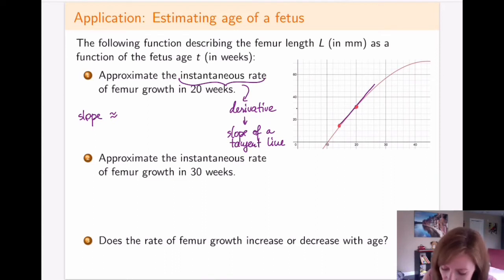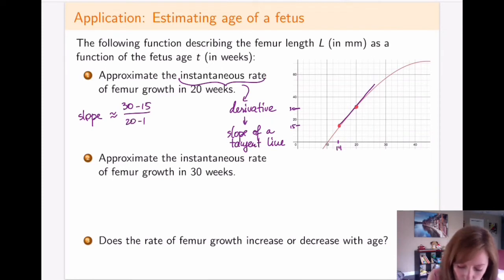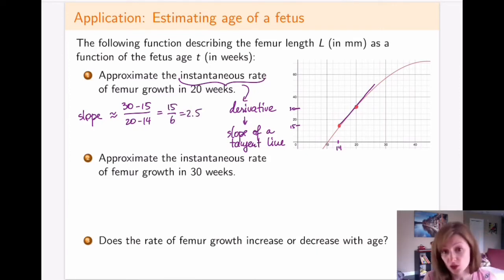So let's say this point was about 30, this point is about 15, this is about 14 then, and that's 20, right? So rise over run would be 30 minus 15 over 20 minus 14. So that is 15 over 6, which is 2.5. And we have to think of units here.